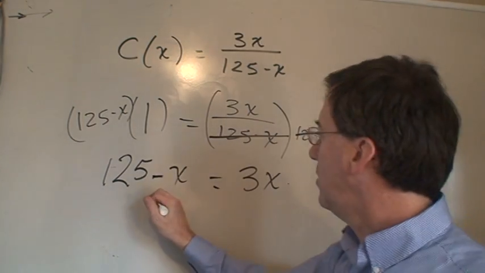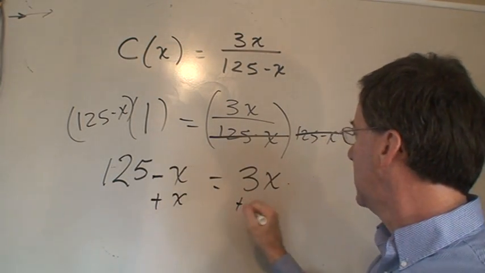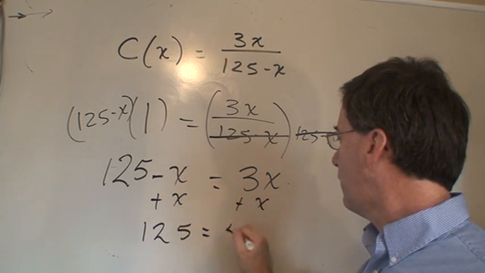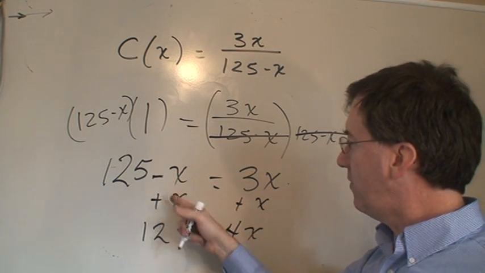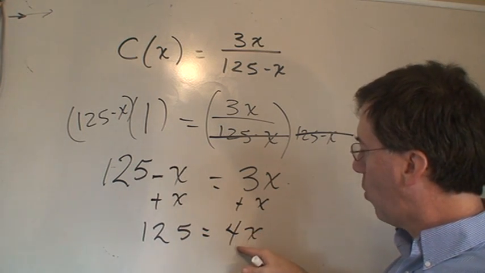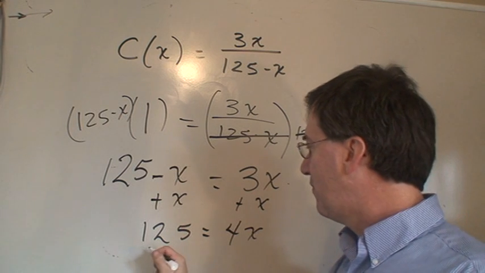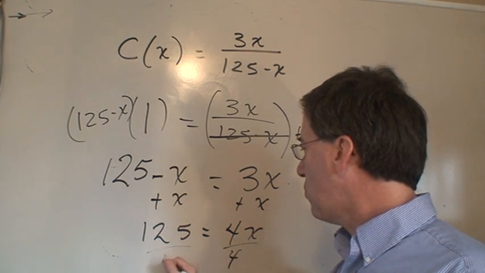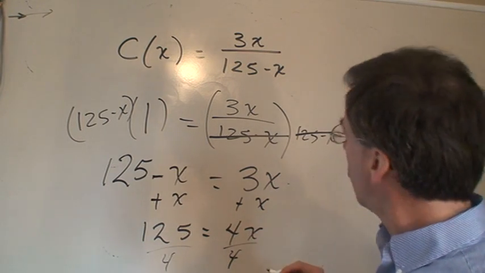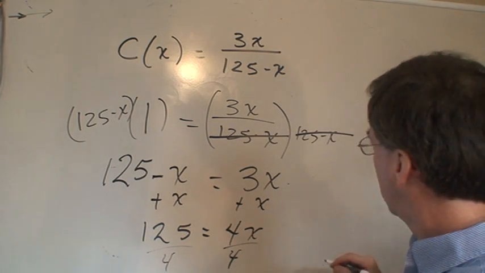Now what I want to do is add x to both sides. When I do, I get 125 equals 4x, because negative x plus x is 0x on the left, 3x plus x is 4x on the right. Now, finally, I want to divide both sides by 4. 125 divided by 4 is 31.25.